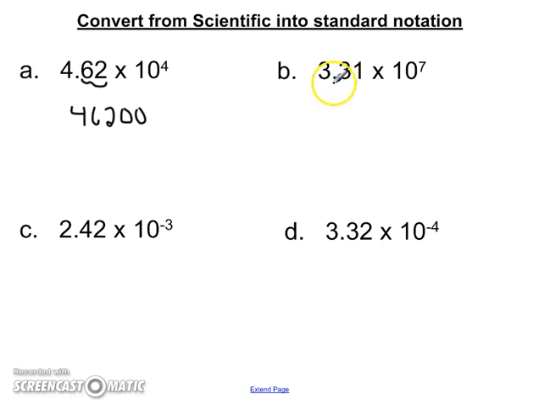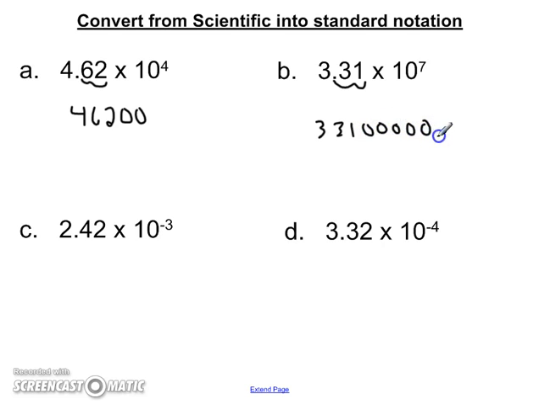All right. 3.31 times 10 to the 7th, so the decimal has to go 7 places to the right, and I need to add the appropriate number of zeros to get there. Well, 1, 2 places gets me the decimal behind the 1, so I will need 5 additional zeros. So 3, 3, 1, and 1, 2, 3, 4, 5.